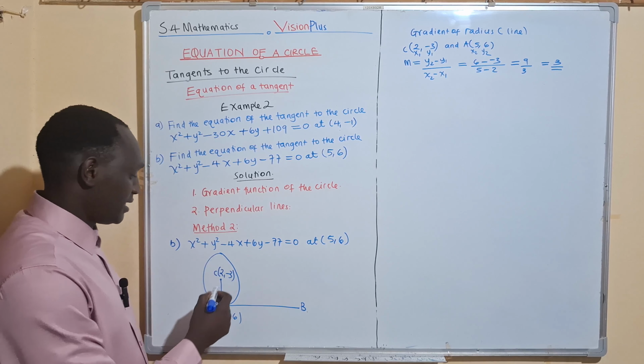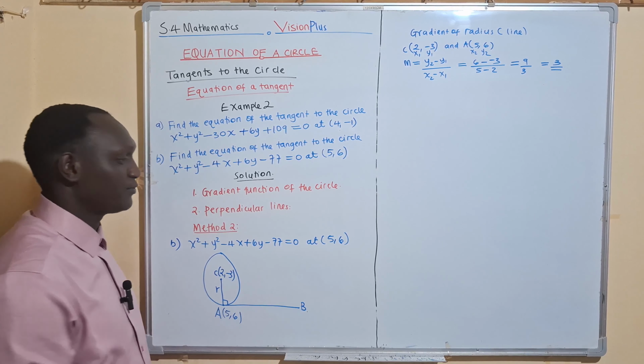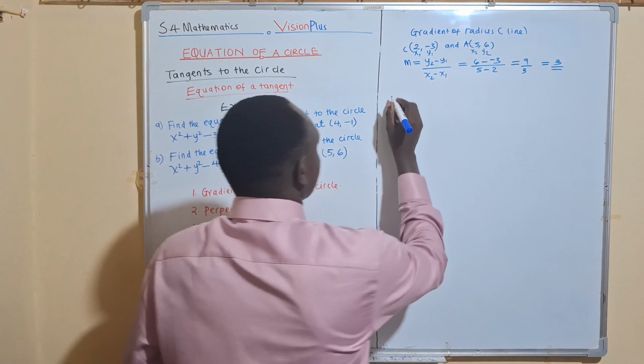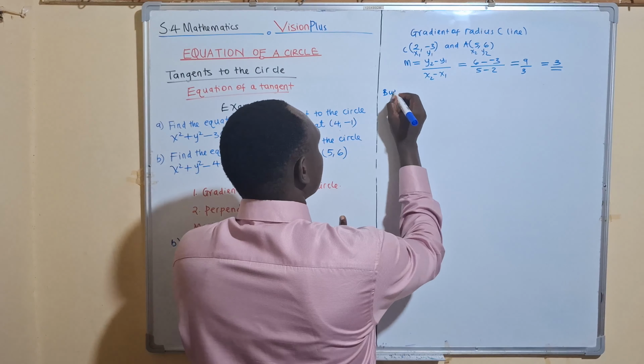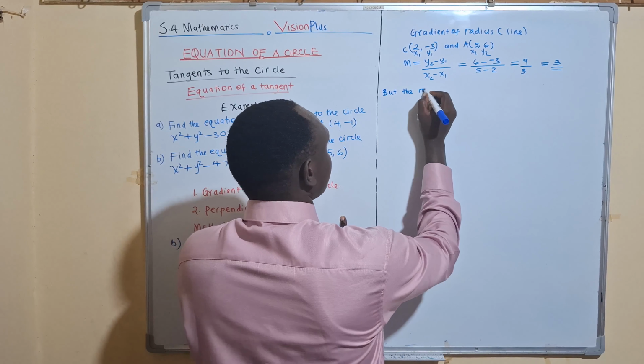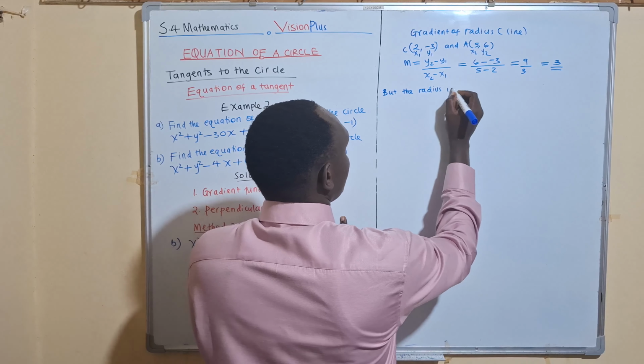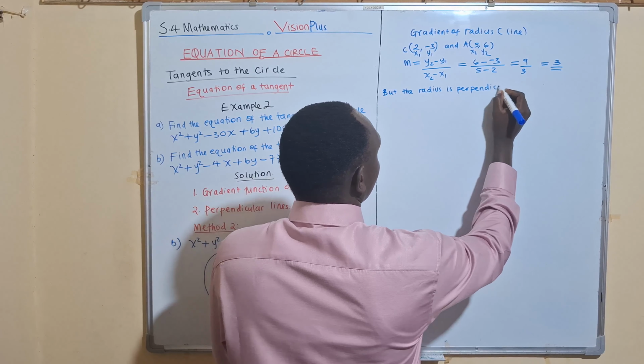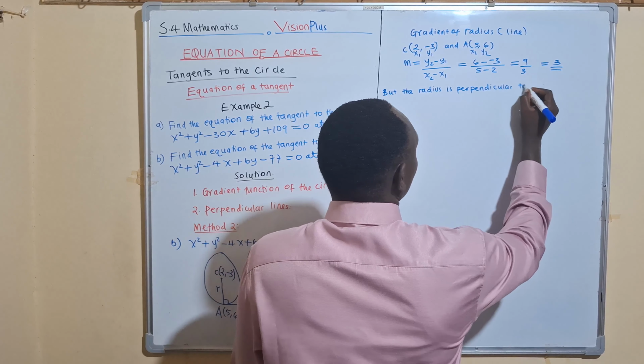Okay, that is the gradient of the radius. But we have said that the radius is perpendicular to the tangent.